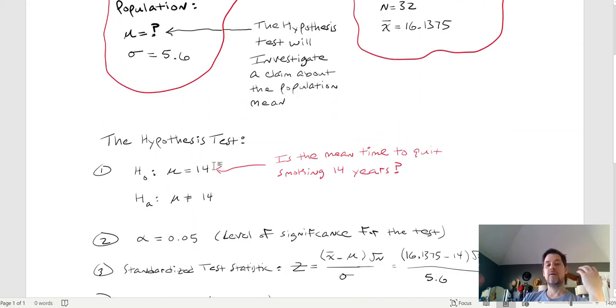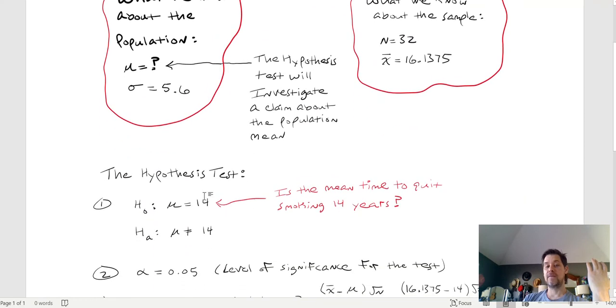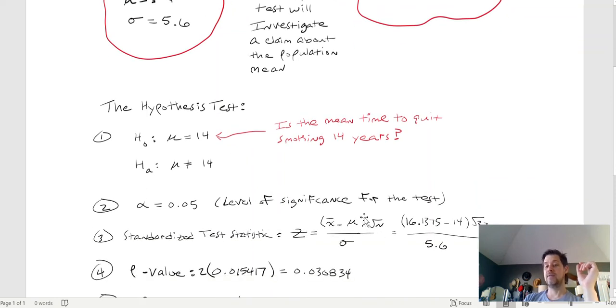But we always get mu, the population mean, as it is right here in this formula, from the null hypothesis. So if the null hypothesis says mu is 14, that means in this formula, it's going to be 14.